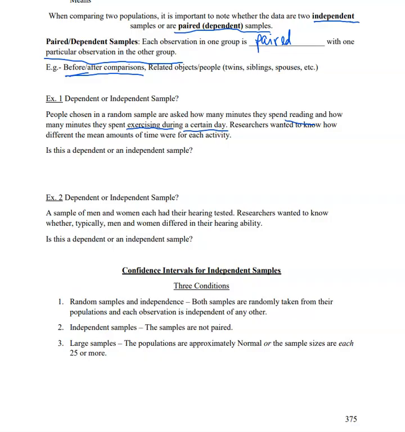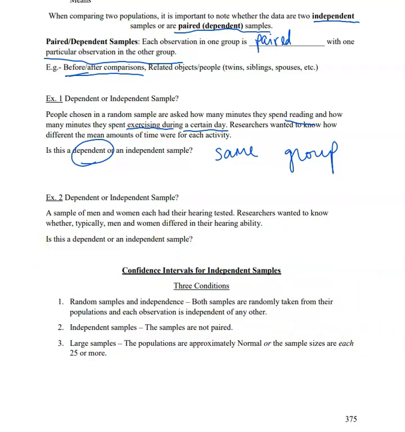Well, the thing to keep in mind here is that it is the same group of people. We're just asking them two different measurements. How many minutes a day do you read versus how many minutes a day do you exercise? So for that reason, this would be dependent or paired samples. And if you want to make a note, it's because it's the same group of people. We've just asked them two different questions, basically.